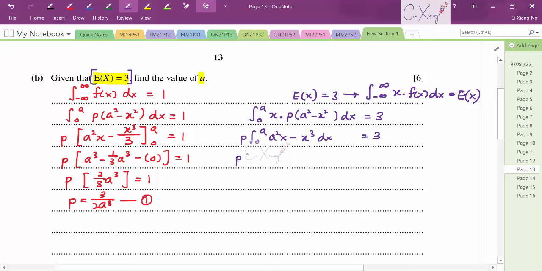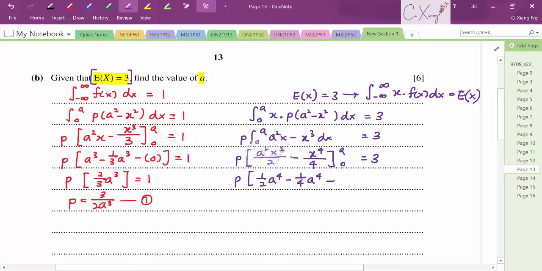First I apply the integration. I will have a squared, the power of x plus 1 becomes 2, divided by 2. Then this one is x power 4 divided by 4. Again, I substitute a and 0 into the equation. When I substitute a, I will have a power 4, and this one I will also have a power 4.